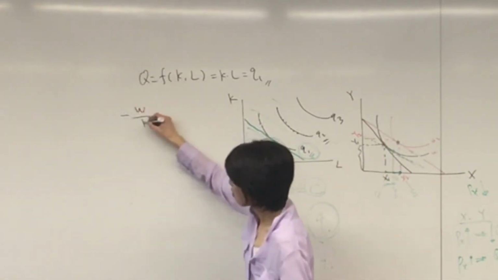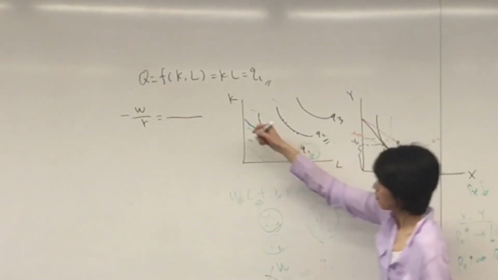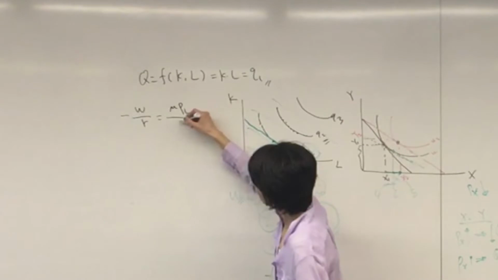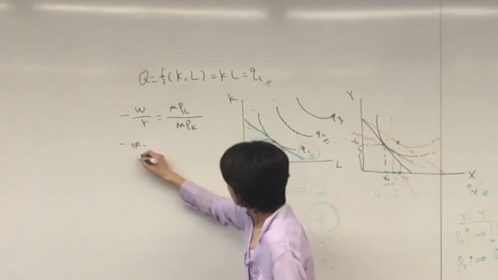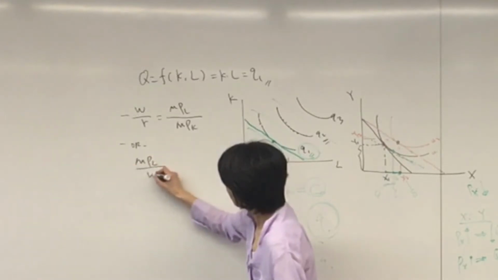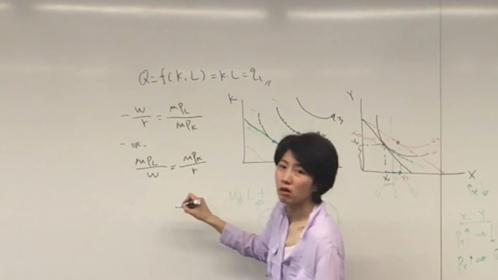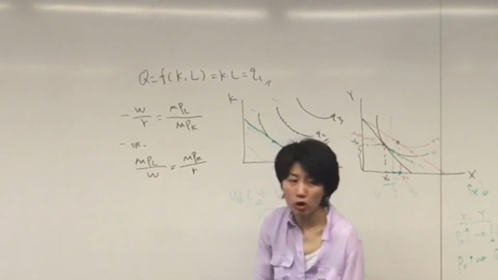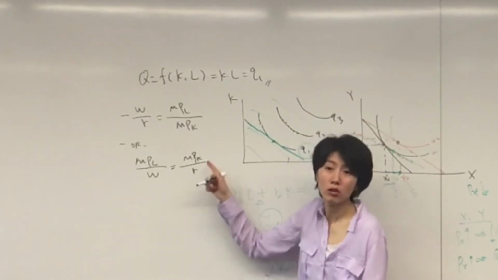Negative W over R is equal to the slope of isoquant, which is MPL over MPK, or MPL over W equals MPK over R. That's marginal product per dollar spent on labor equals marginal product per dollar spent on capital.